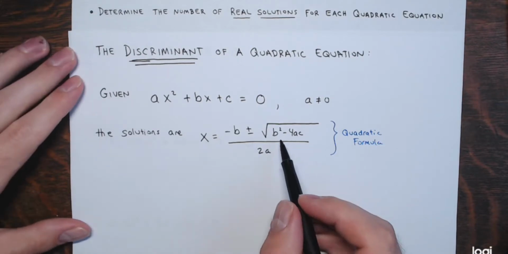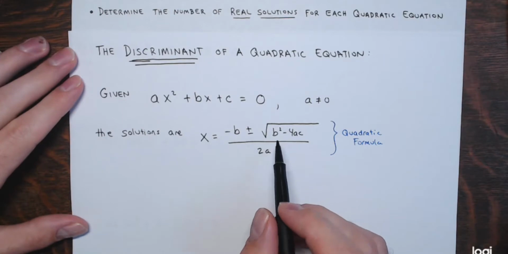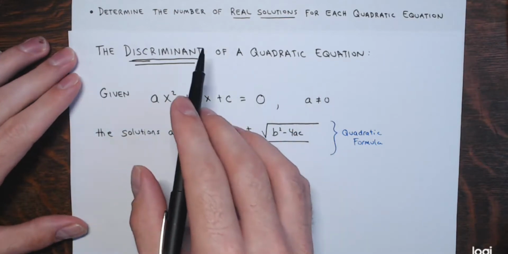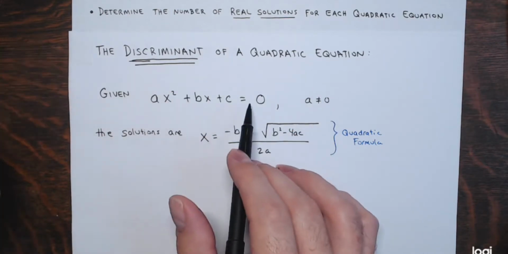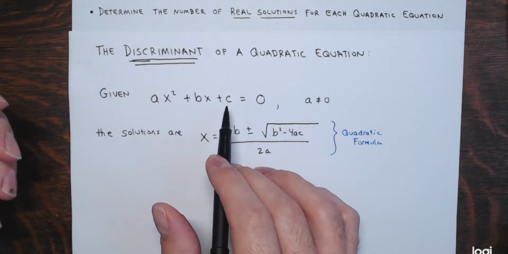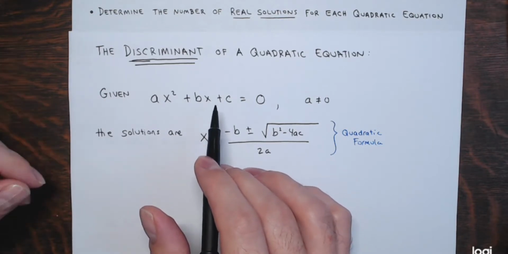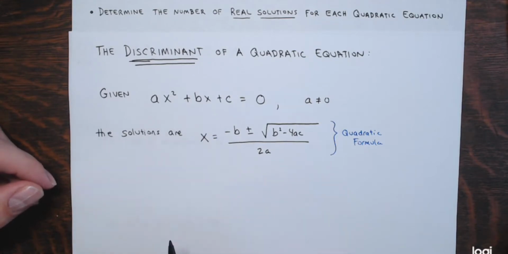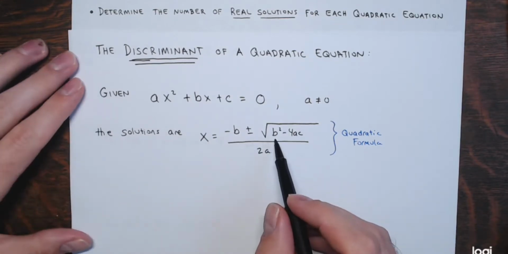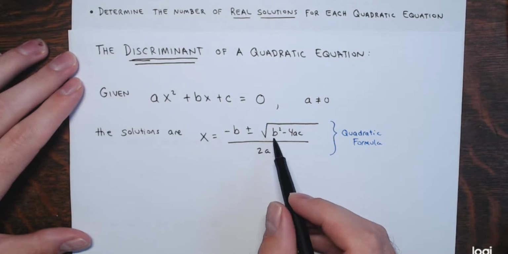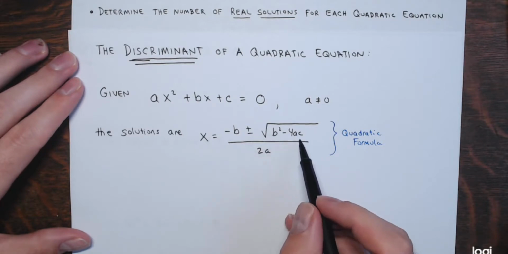All we're asked to figure out is, of the solutions of this equation, how many of them are real and how many of them have an imaginary part, an imaginary number in them. And that will all be determined by the radicand of this square root.